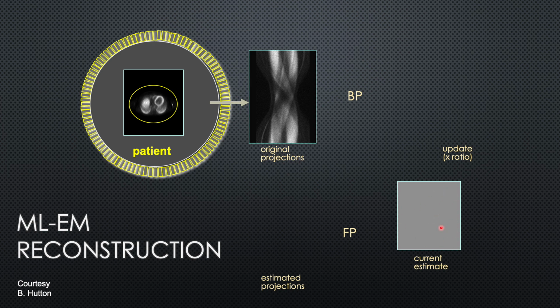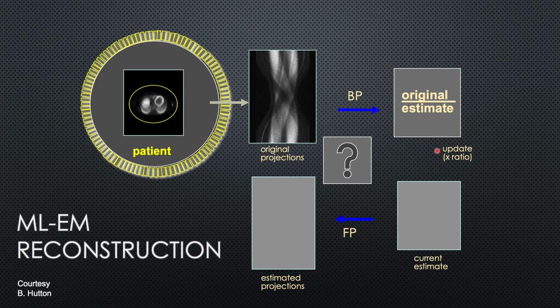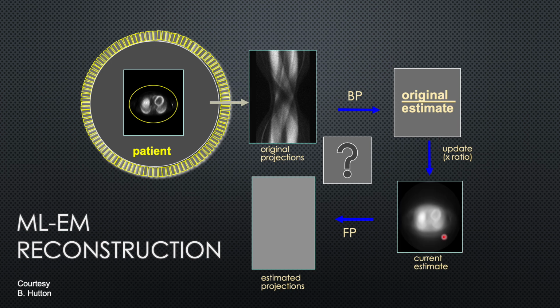So we'll estimate the image that we think we've got in the scanner. And what we do there is then we'll not back project, but forward project to work out the projections we think would come from our estimated image. And then we can compare these estimated projections to what the scanner actually gave us and back project it and update our original estimate. So we'll update and then get a new estimate of our image.